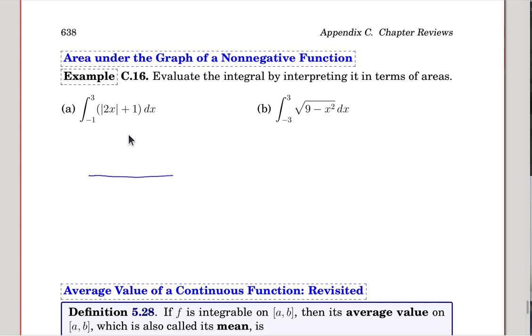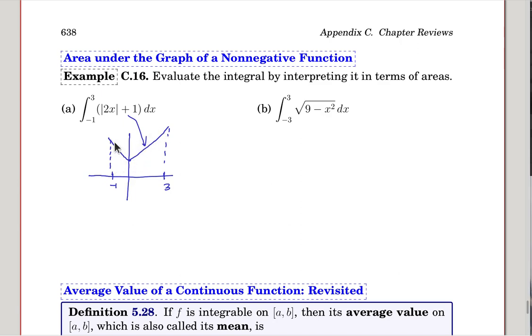Here are the x and y axes, and here from -1 to 3. Once x is 0, then it is 1, and then here it goes down, and here it goes up like that, so we have to get the area below this curve.